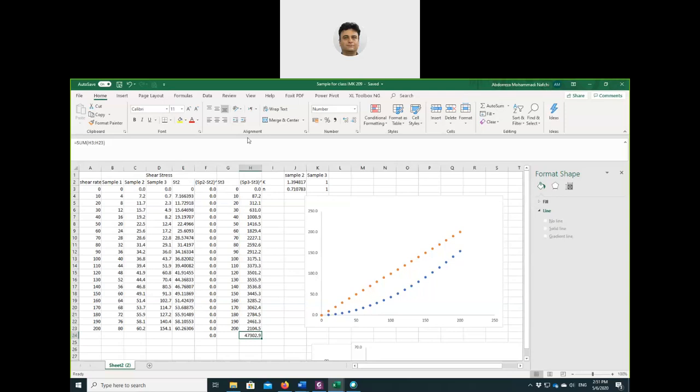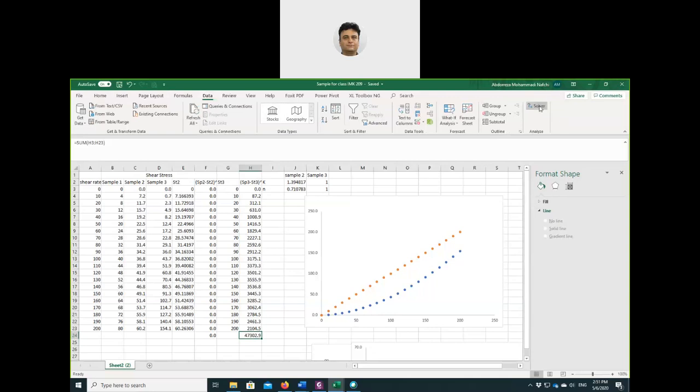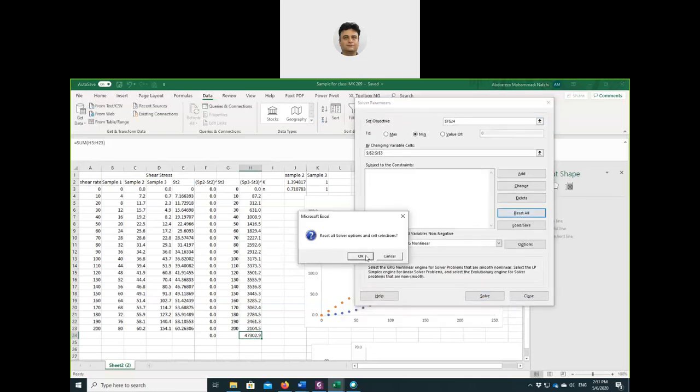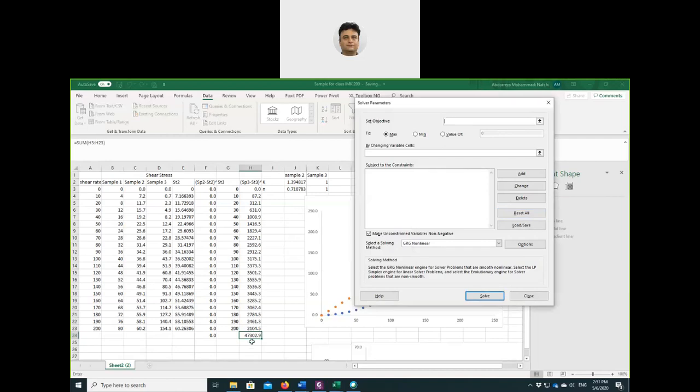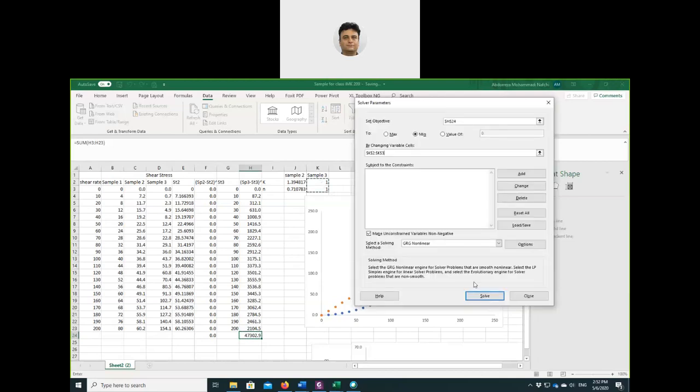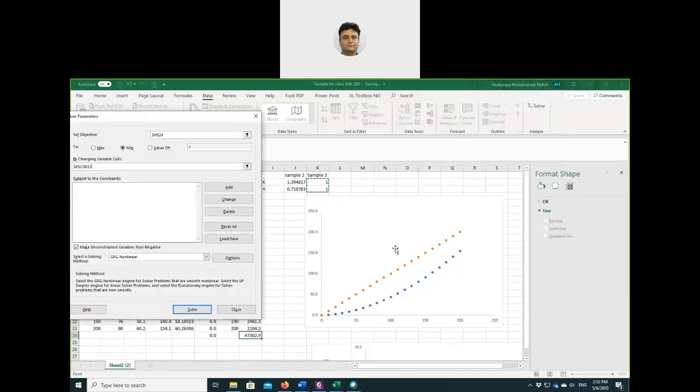Now going to Data, Solver. I want to reset the solver. Okay, my objective is here, H24. I want to minimize H24 by changing this K and N. Okay, that's all. Now you can see what will happen here.